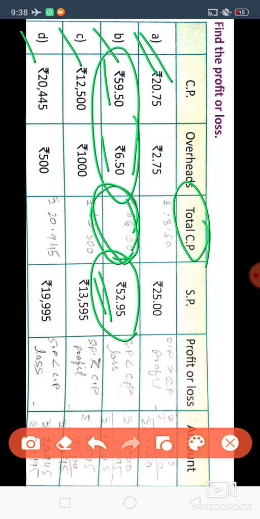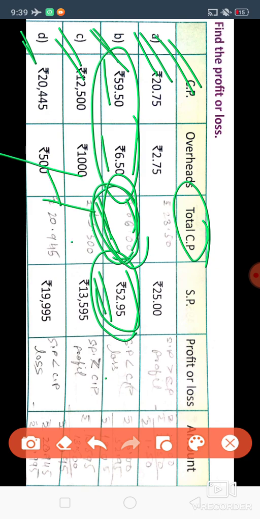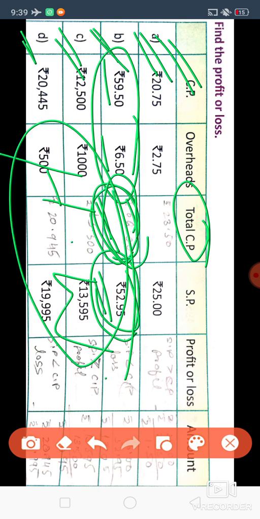If selling price is greater than cost price, then you'll write profit. If cost price is greater than selling price, then there will be loss. Then profit is equal to SP minus CP, so you'll subtract and finally you'll get the answer. Just now I have shown you in question number 3A. So in the same way, you'll do questions B, C, D. This is your homework, and the previous table also.